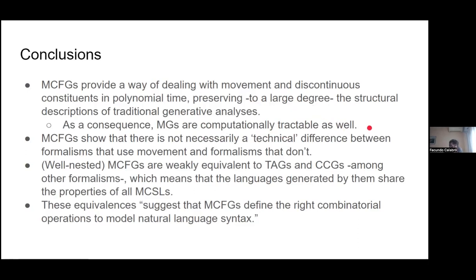And of course, this also means that they can be efficiently learned, so they have more explanatory adequacy, which is obviously very important. And this, I think, follows from the above: MCFGs show that there is not necessarily a technical difference between formalisms that use movement and formalisms that don't.